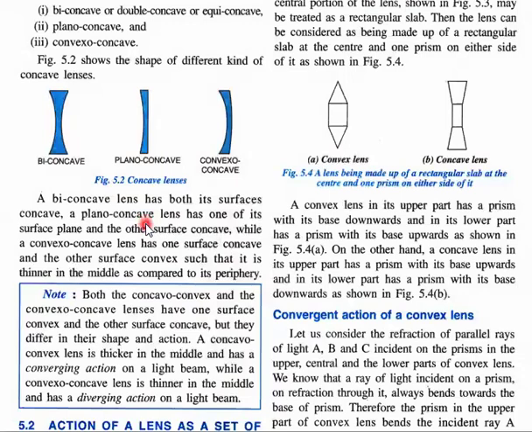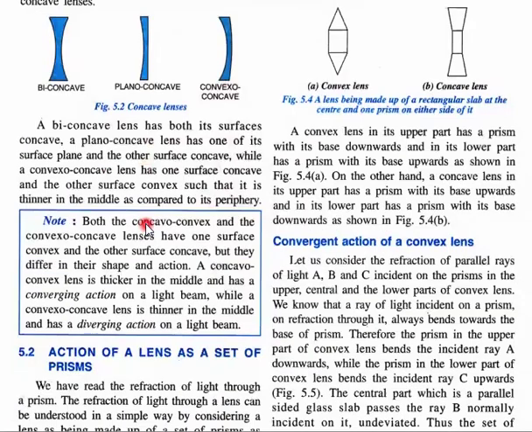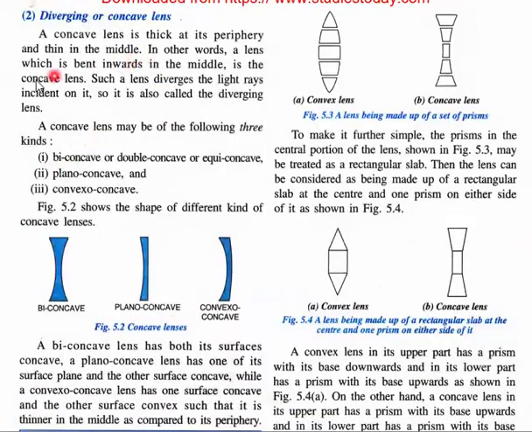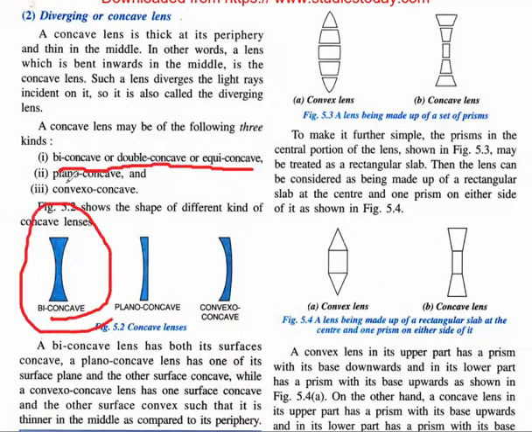Here again, three kinds of diverging lens, also known as concave lens. Those are biconcave, double concave, and equiconcave. Same thing as this. Then we have plano-concave, then this.